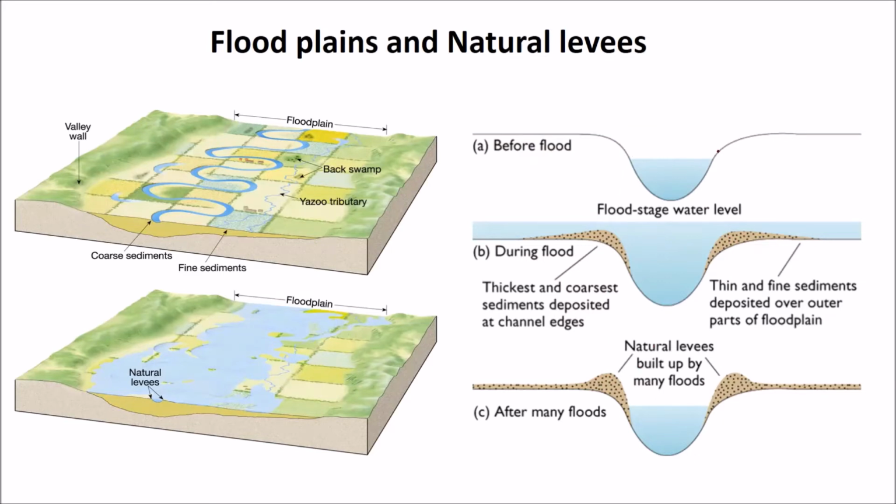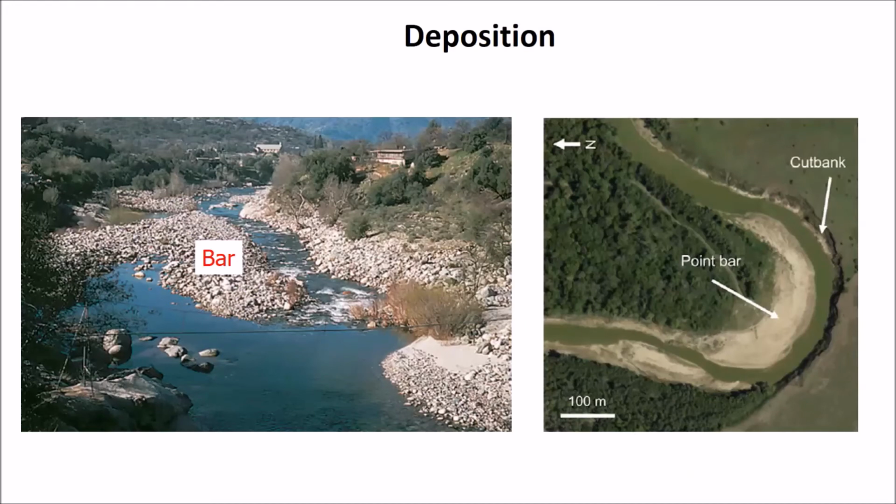Before the flood there is no deposition, and during the flood the sediment particles will be deposited on the two sides of the floodplain, and after many floods it can be built up to higher levels. So sometimes it is like a dike, like levees.